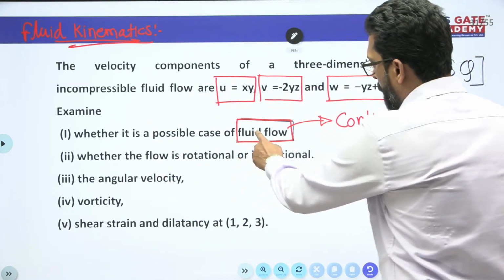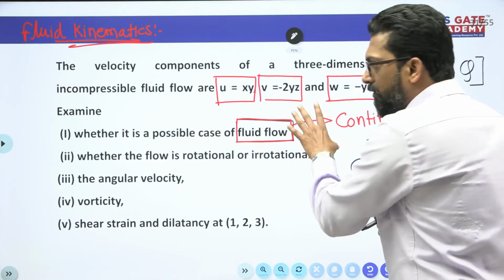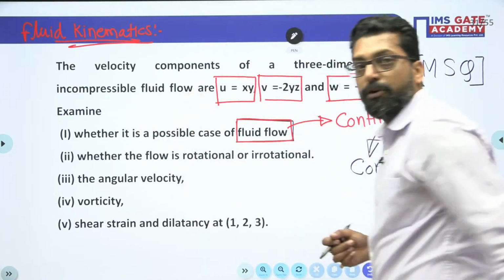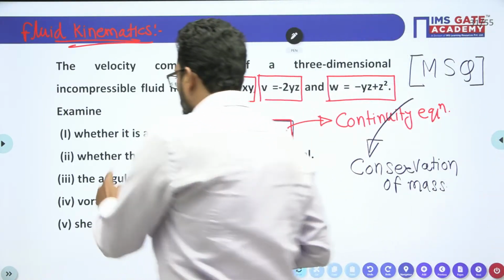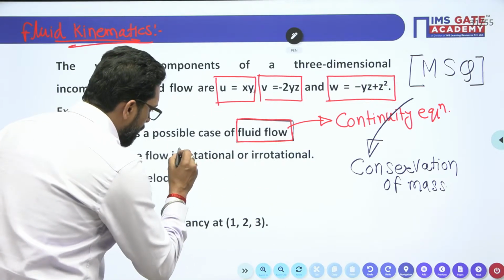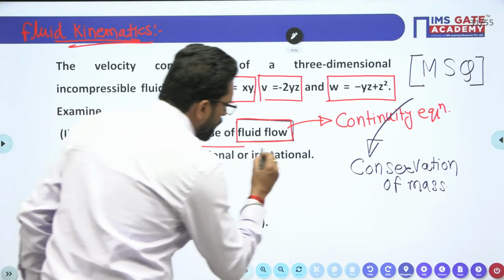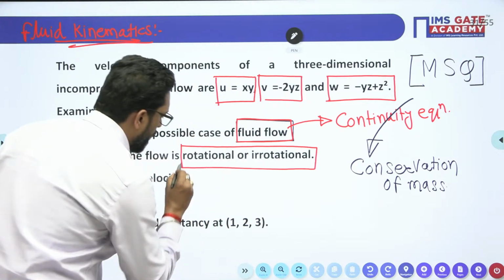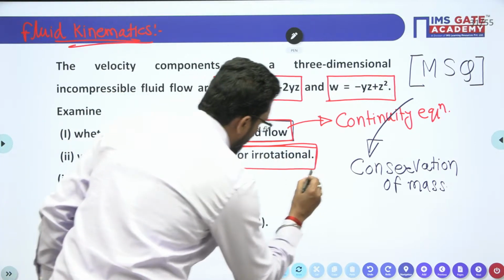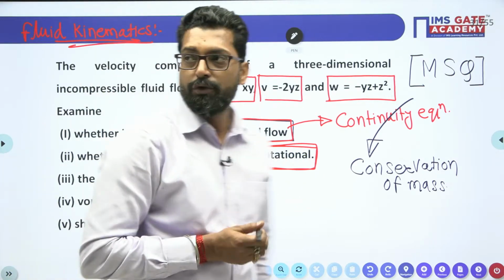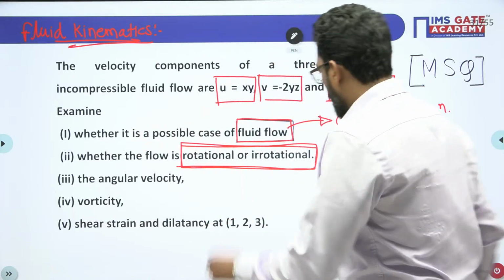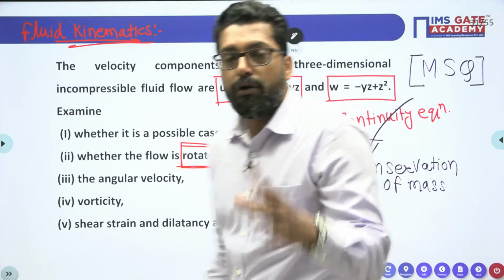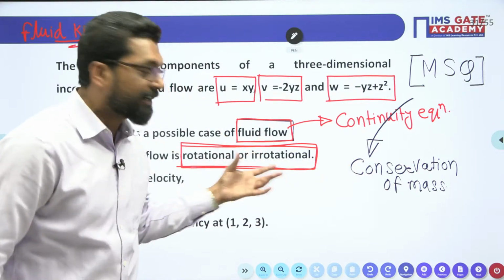So if it satisfies the continuity equation, then we say that the flow is possible. Now next, whether the flow is rotational or irrotational, what do you want to check?